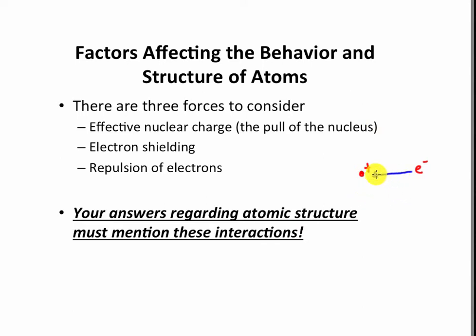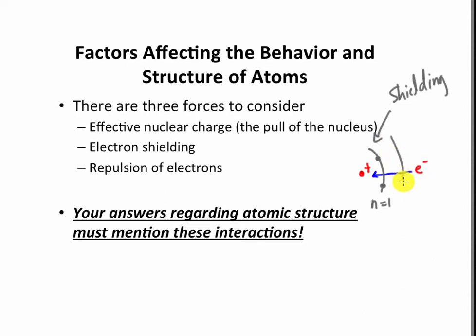Okay. Now, something else that happens is something called electron shielding. If the nucleus is trying to pull this electron, there could be a problem, because there could be an earlier energy level. If I have energy level 1 in here, now I've got electrons that are blocking it. This is the shielding effect. So the effective nuclear charge, the ability for that nucleus to pull that electron, has been weakened.